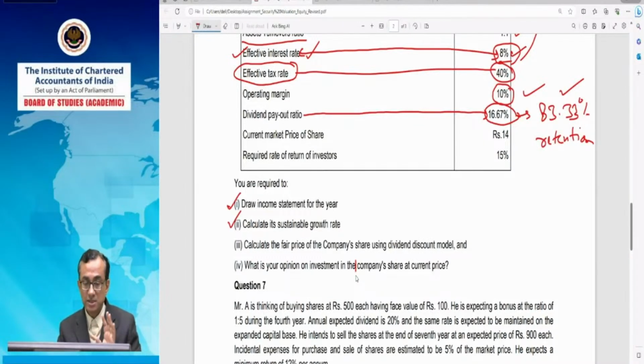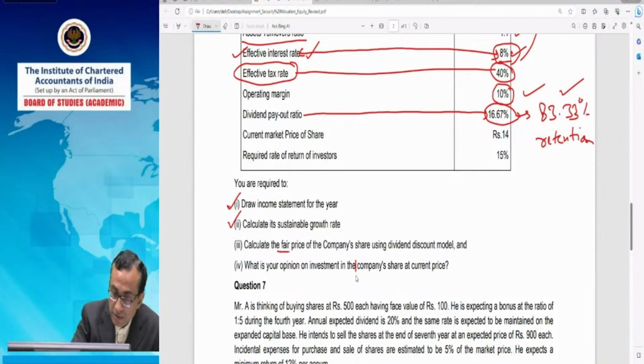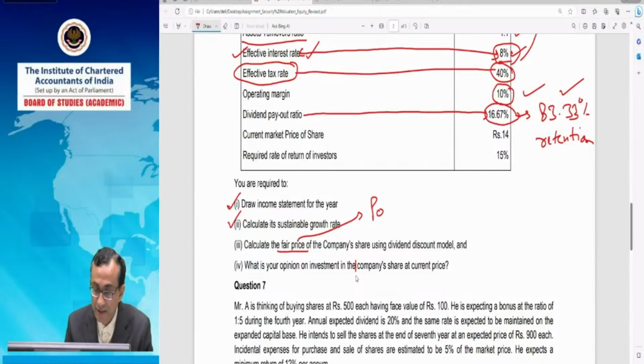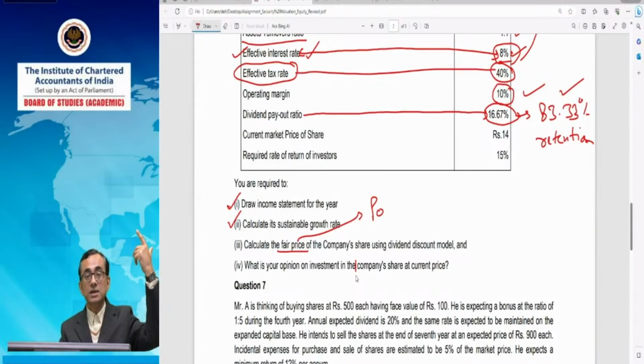So fair price is the true value, or you can say it is P0. So basically you have to calculate P0, the intrinsic value, using the dividend discount model. In this case, nothing is given, so you can safely assume Gordon's formula, that the dividend growth rate will continue to infinity, indefinitely. So the D1 upon KE minus G formula will be used.